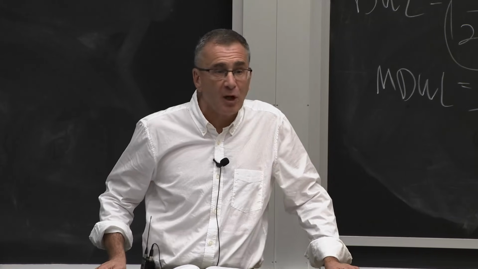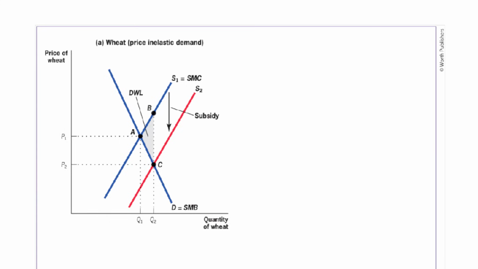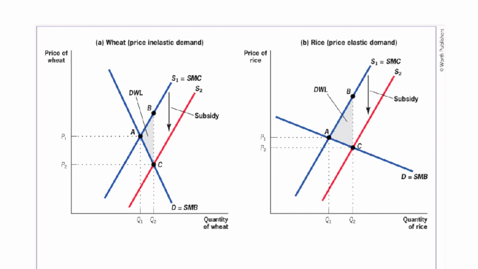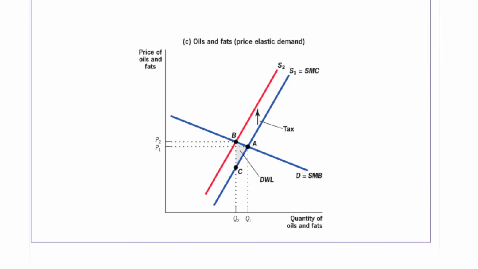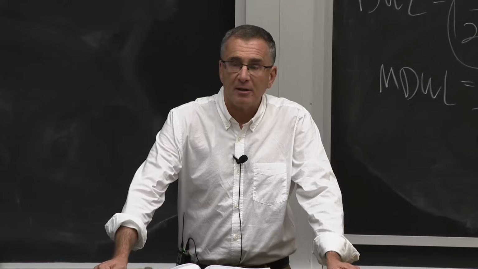If you reduce the subsidy on wheat, you don't get much social benefit. But if you reduce the subsidy on rice, you get a lot, because that's elastically demanded. And at the same time, if you reduce the tax on oil and fats, you also get a lot of benefit because that's elastically demanded.